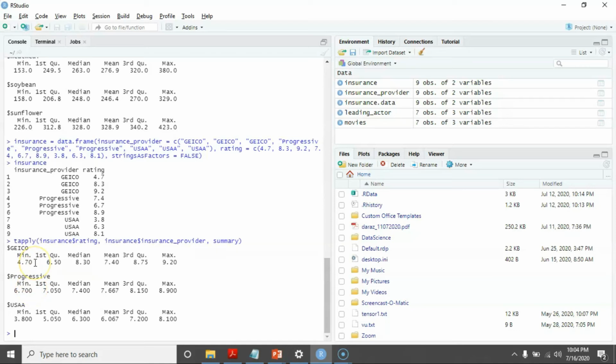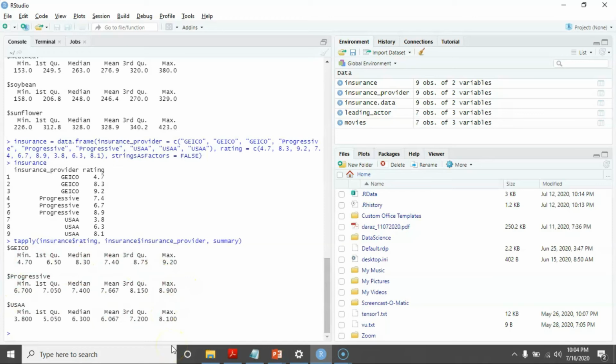But this is basically lesser than that. This means there is a relatively bigger deviation. Maximum value is not much larger, but the minimum value is much lesser than that, 6.7 versus 4.7. This means GECO has a large deviation, but in Progressive there is less deviation.